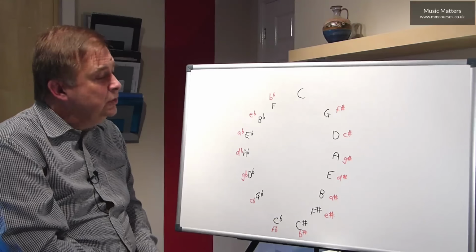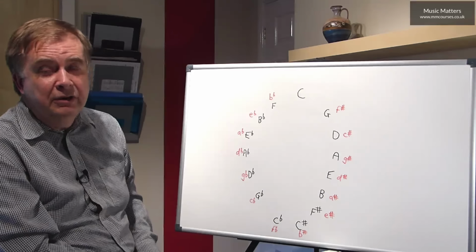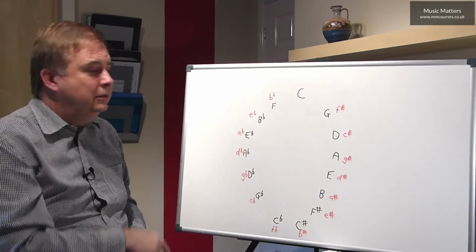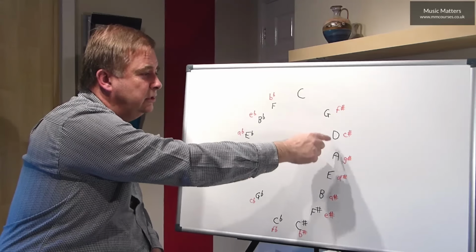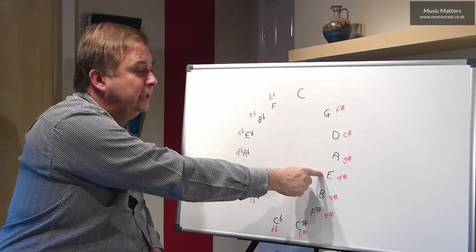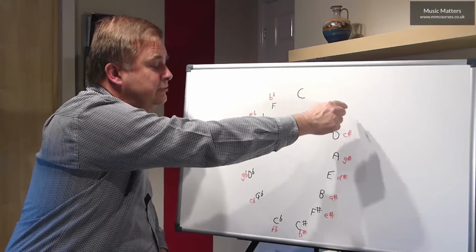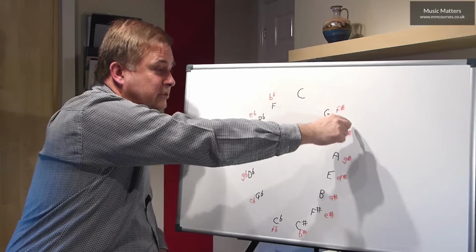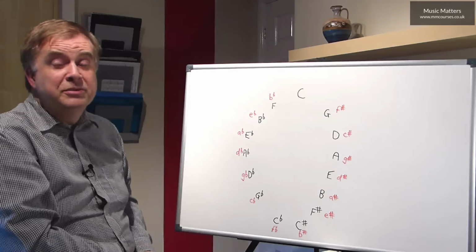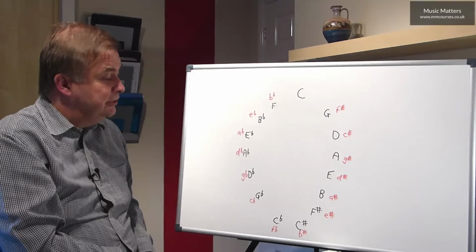So if you want to know how many sharps or flats there are in E major, for example, there's E major. You can say it's got 1, 2, 3, 4 sharps. You can tell us what those sharps are: F sharp, C sharp, G sharp and D sharp. And you can tell us that that's the order in which those sharps have to come in the key signature.